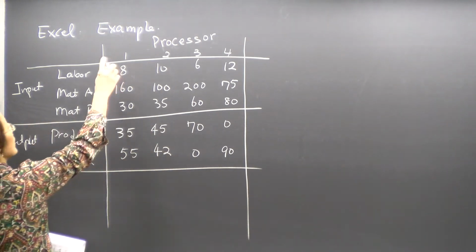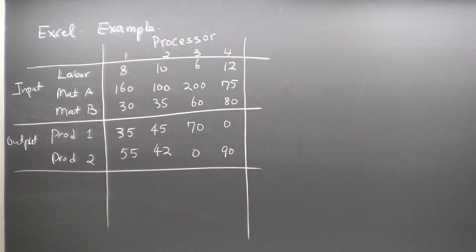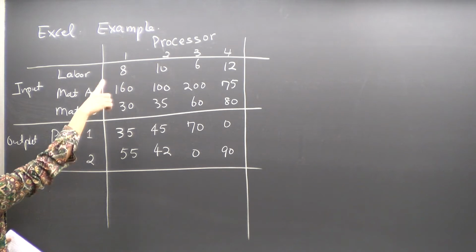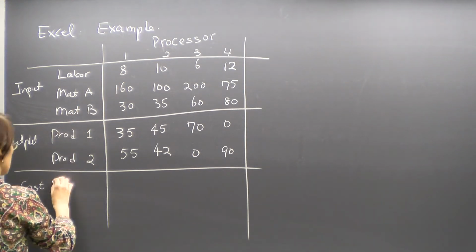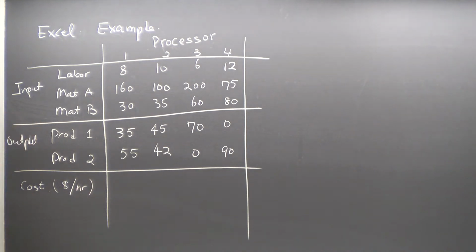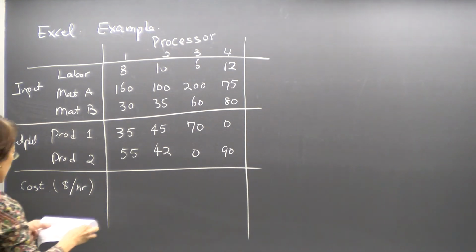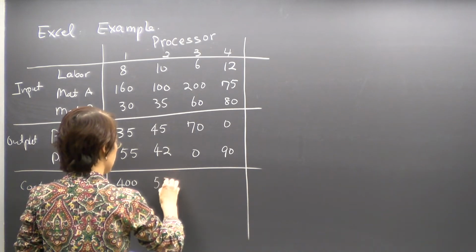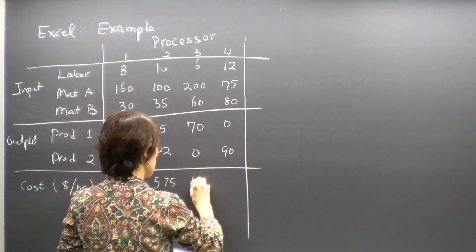To use these 4 processes, there is a price, a cost, which is what we want to minimize. The cost to use each processor, per hour, whatever unit of money and time, is given as 400, 575, 620, 590. These are just numbers.